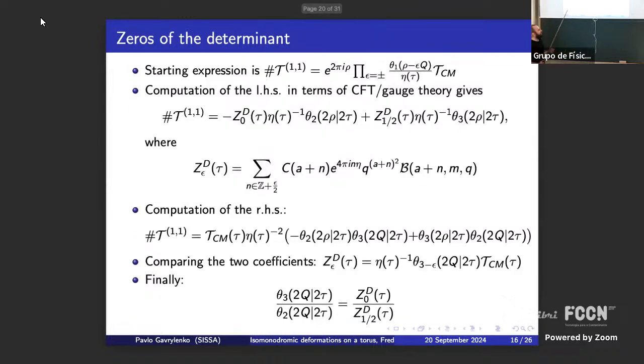Just compare the coefficients in these expansions, the two terms, and then get formulas like this, and then just divide to get rid of the tau function, which you don't want at the moment, and see that there is this equation: the ratio of theta functions equals the ratio of such combinatorial series.